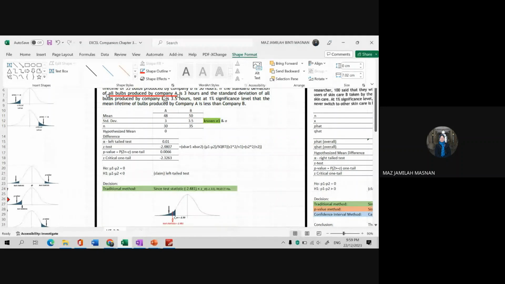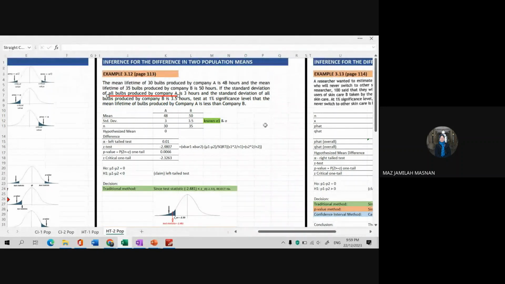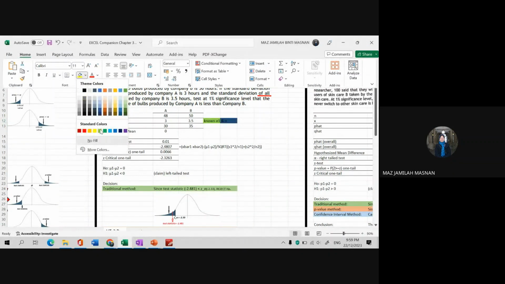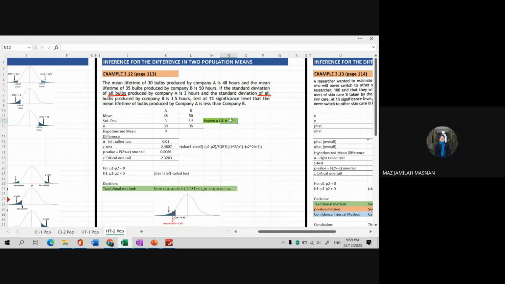So you have the first, all bulbs, and the second is for B. This is a hint for you: all bulbs means that it is from the population. The same goes here, it is from the population. That's why in this case, sigma is known. Sigma 1 and sigma 2 are known. And it is clear that you can use the respective formula.